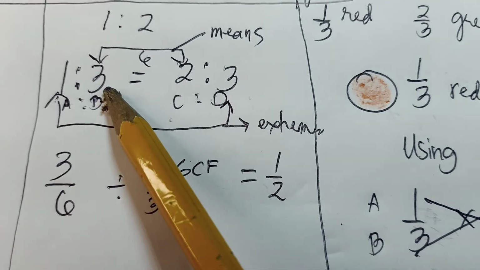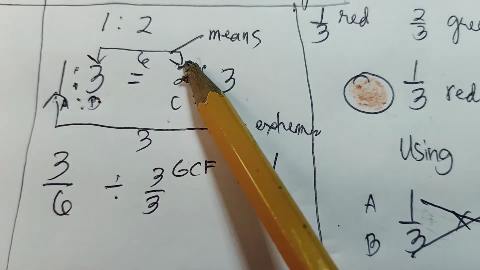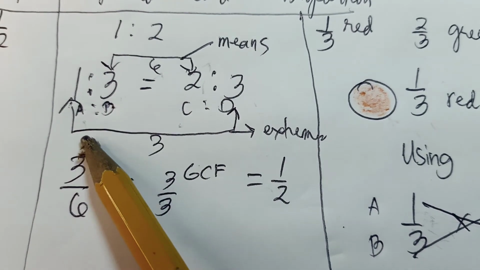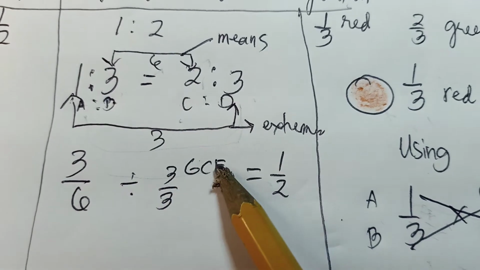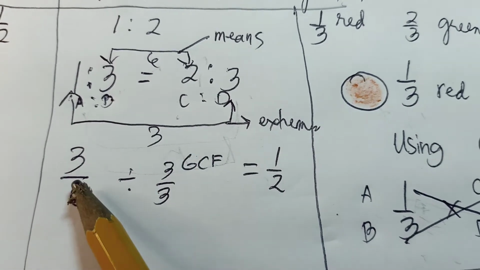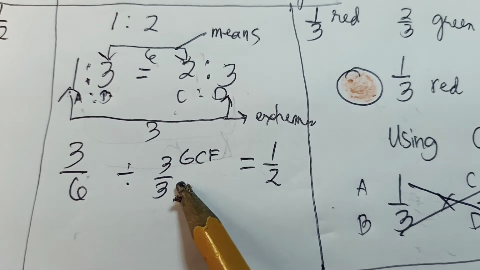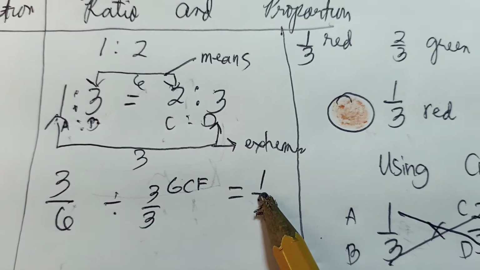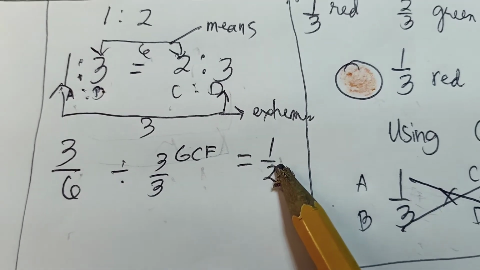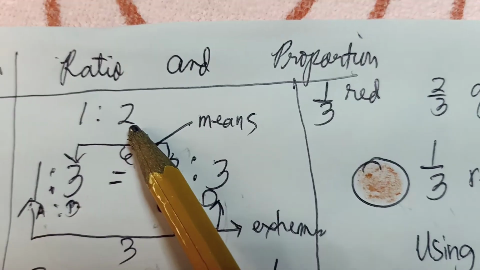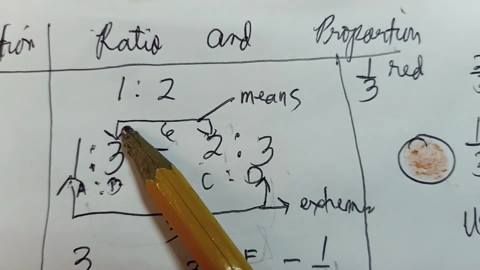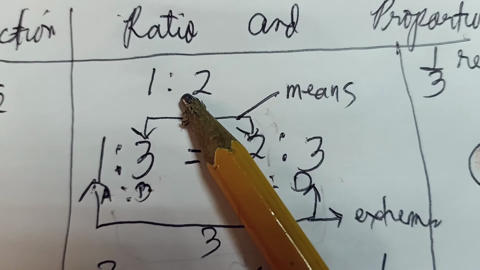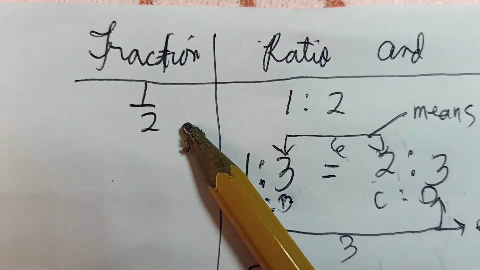So 3 and 2, our means, is equal to 6, and 1 times 3, our extremes. So 3/6 divided by 3, again our GCF, is 1/2. So, change to ratio: 1 is to 2. Again, can we change 1 is to 2 to a fraction? Yes, equal to 1/2.